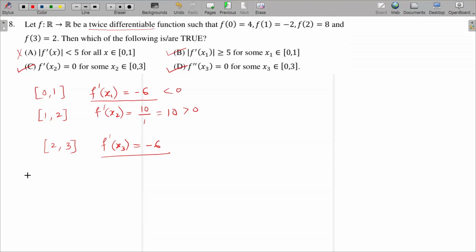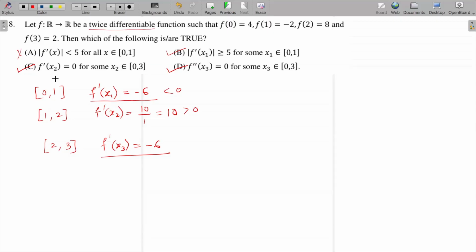I was asking one question which you can think of. In this case, you need f double dash. But if the function is just differentiable, is what is given to us, can we still guarantee C must be true? Forget the option. We have no information about continuity of f dash.